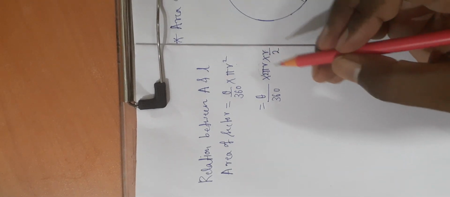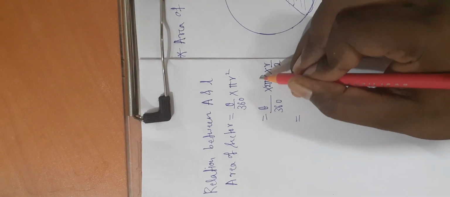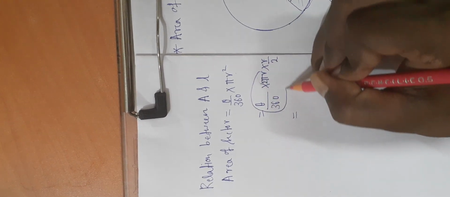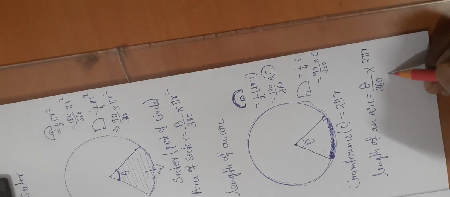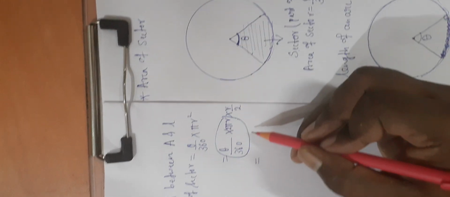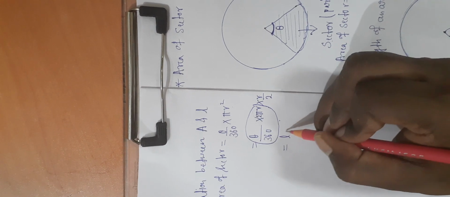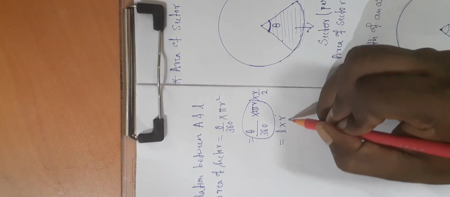This is what we call manipulation in mathematics. If you observe this formula and the length of arc formula, both are exactly the same, and this is nothing but L into r upon 2.